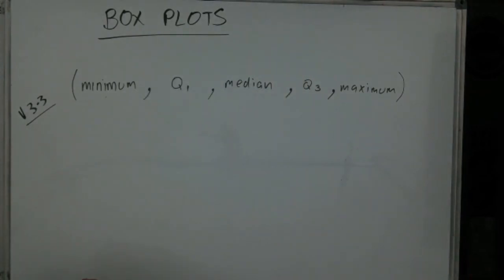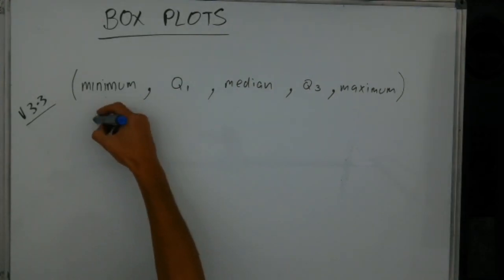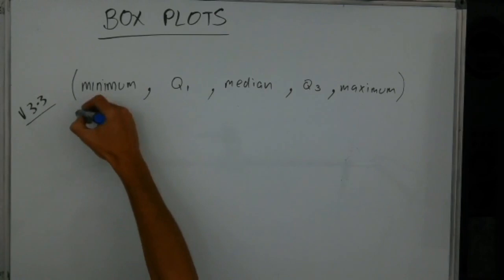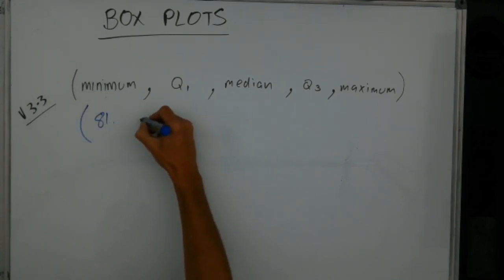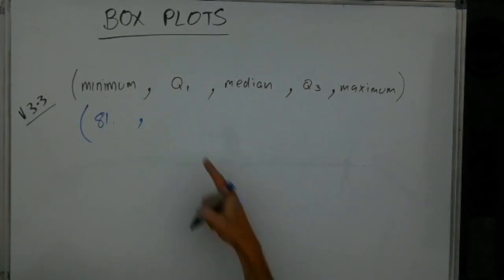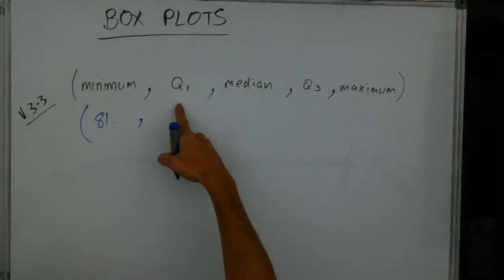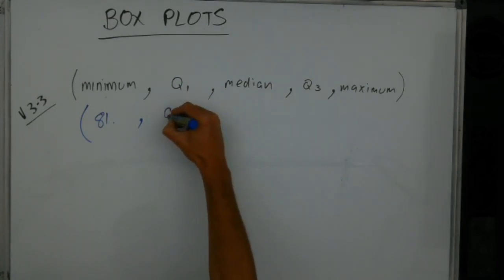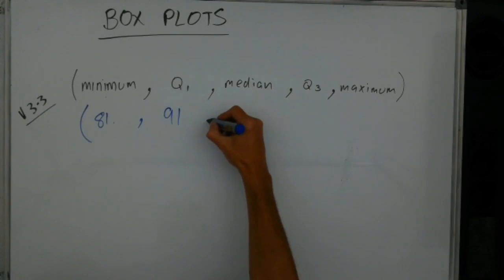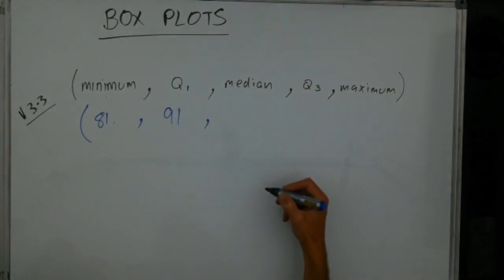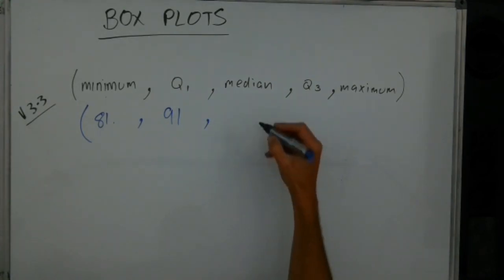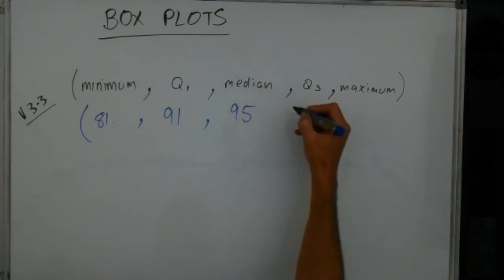Our minimum value for the tree girth was 81 centimetres. Our Q1 was 91 centimetres. Our median was 95 centimetres.